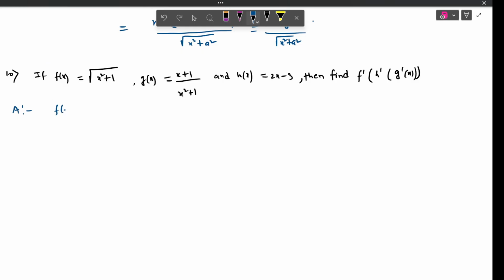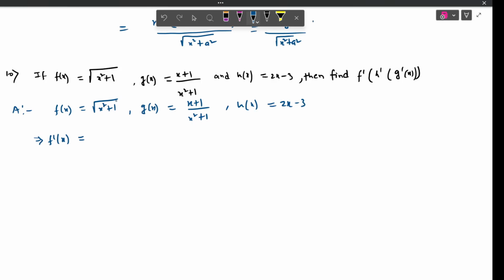Now see, our f of x is root under of x square plus 1. g of x is x plus 1 by x square plus 1, and h of x is 2x minus 3. Now what is f dash x? f dash x would be, see, we can consider x square plus 1 as x.